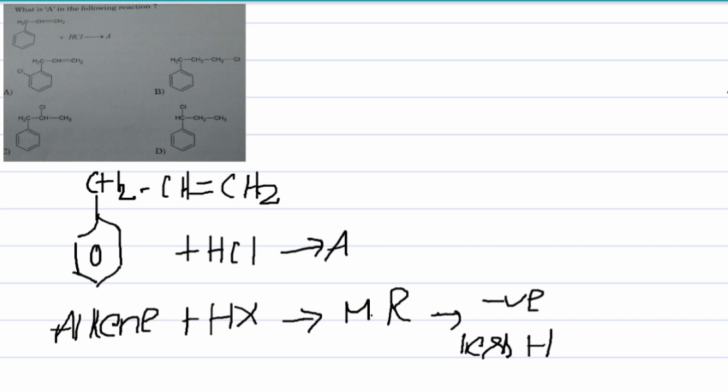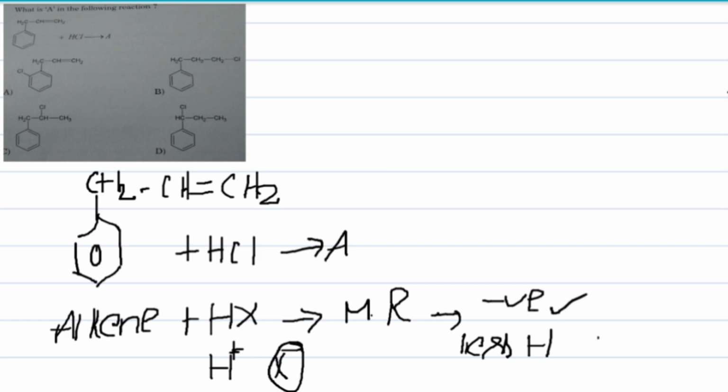So here what we are adding? HX we are adding. So how is it dissociated? H plus and X minus. So X minus is the negative part. The negative part is added to the double bonded carbon having less number of hydrogens.